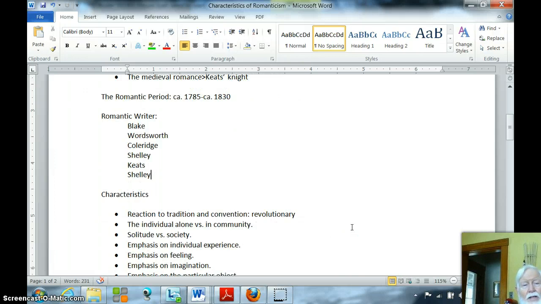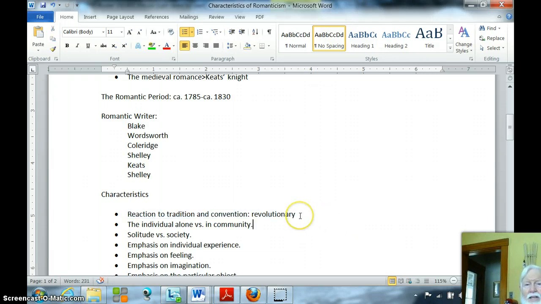What are the characteristics then of Romantic literature, Romantic poetry in particular? First of all, the Romantics, and again, I'm not talking about people in love, the Romantics as in Romantic poets, were reacting to tradition and convention.